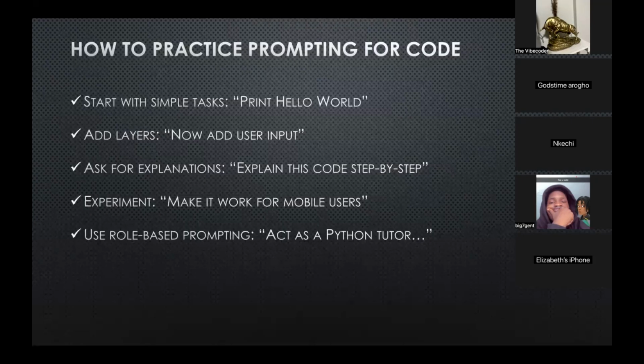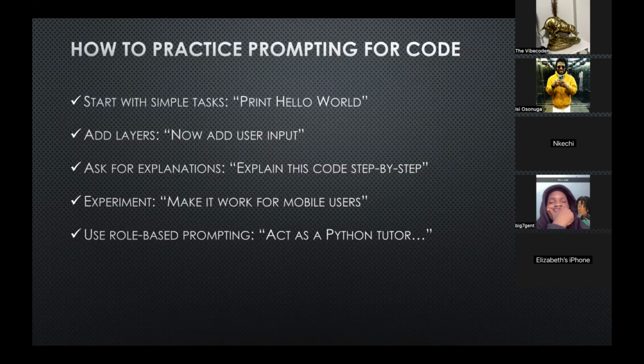Then lastly, you now use role-based prompting to tell the AI to act as a Python tutor and explain the whole code as a Python tutor. Understand? That way, you are not just coding this thing, you are learning about what you just coded, learning the language that you just used in coding. Do you understand?